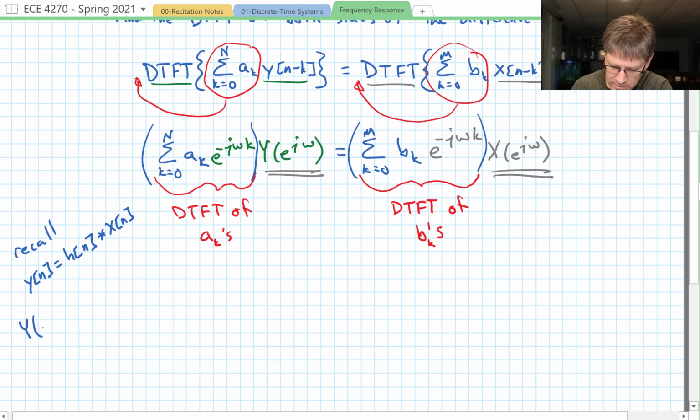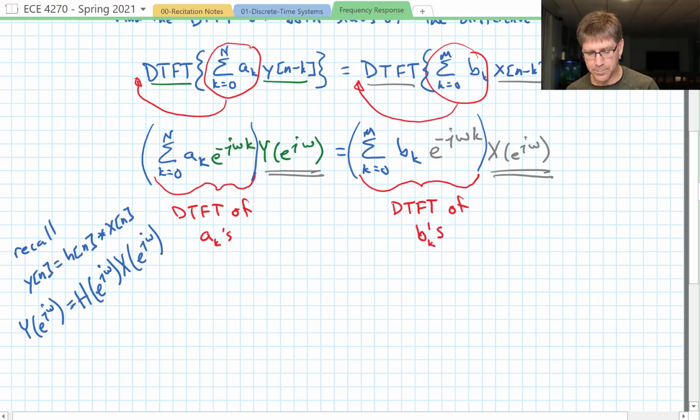And we also know that if we were to take the DTFT of both sides, we get that. I don't know why I wrote it crooked, but there it is.